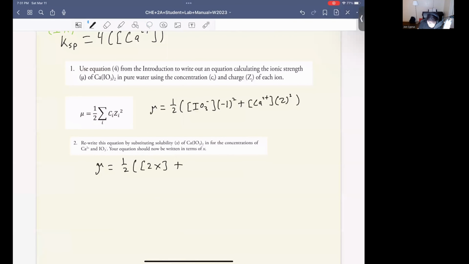I'm not going to include the 1 because -1 squared is just 1. And then this is X times 4. You simplify this, you get 1/2 times 6x, which is 3x.